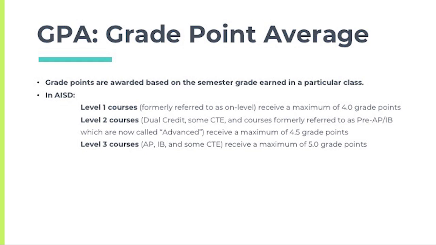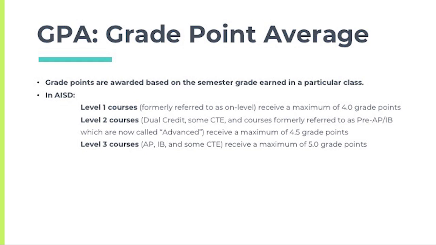And so we have made some updates to the GPA tables since the last time I did this presentation. So we've labeled the courses as level 1, 2, or 3. So a level 1 course, formerly what we would call an on-level course, the GPA table taps out at 4.0 grade points for those courses. Level 2 courses, which formerly were only dual credit, CTE, and pre-AP IB. Now we've had a name change where we are no longer referring to pre-AP IB classes as pre-AP IB classes.